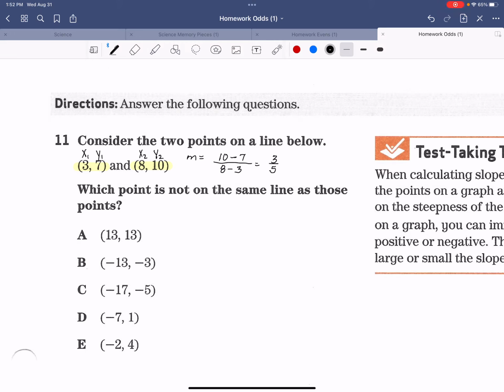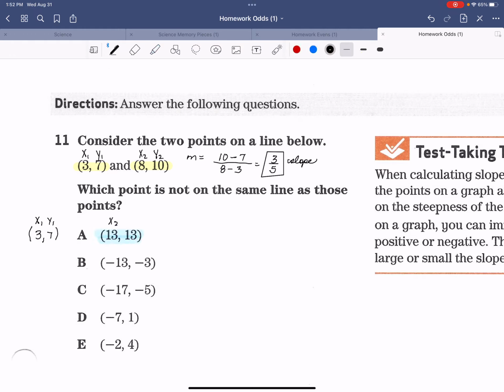So 3/5, and it is positive. So the slope is 3/5. So that means that I should be able to take any of these points down here and one of my yellow points and get 3/5 as my slope. So this time I think I'm going to use that 3, 7 and let that be x1, y1. And then this will become the second point.